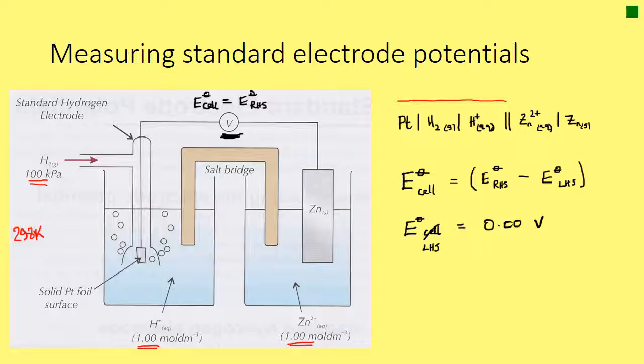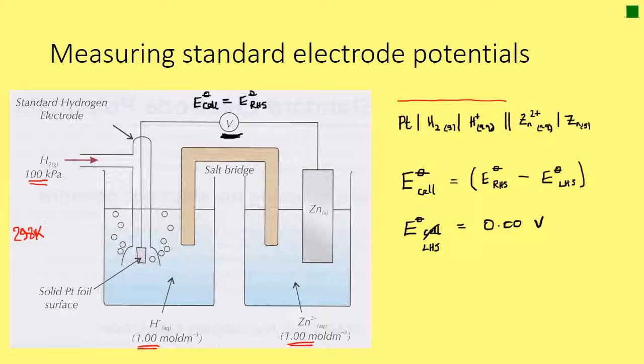Then we can look at the voltage meter here, because what this gives us is the cell potential, but as it happens, that equals the electrode potential of the right hand side.